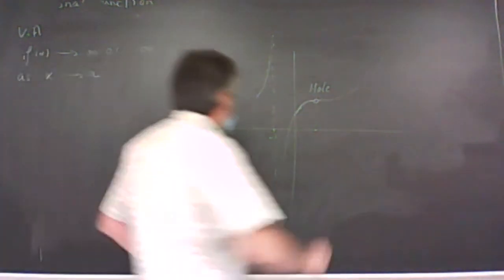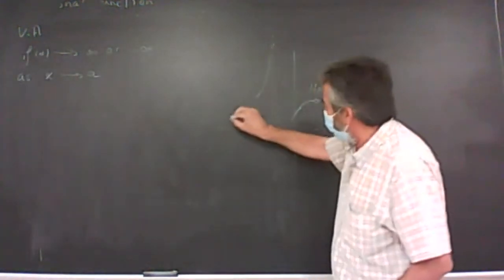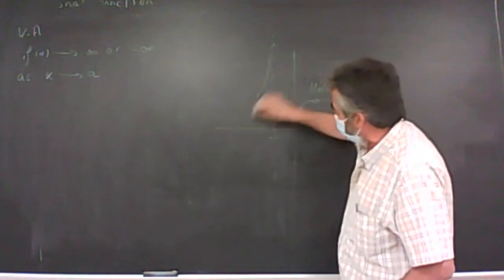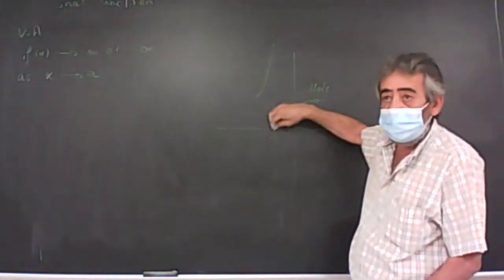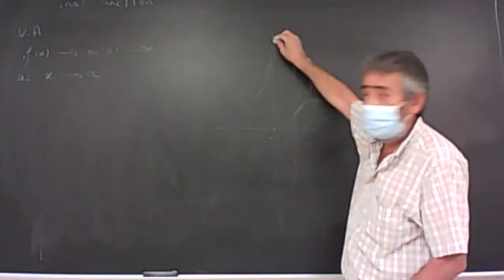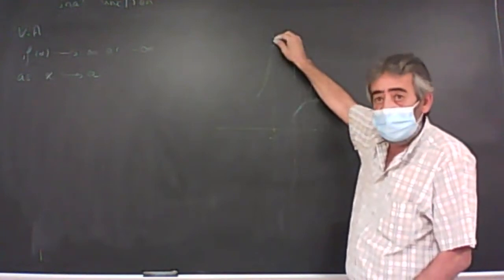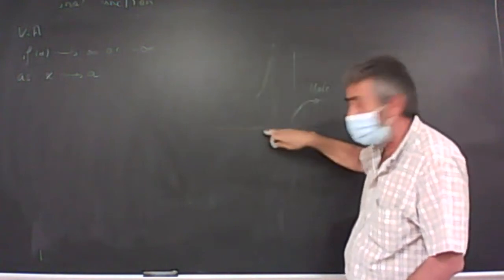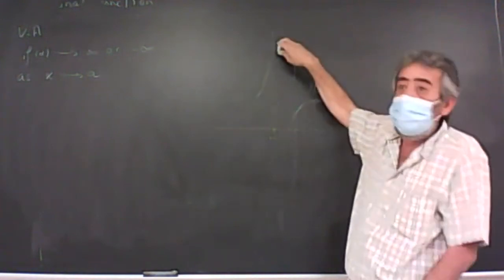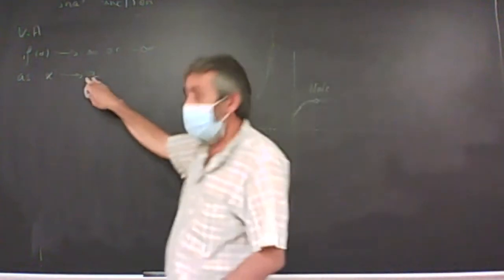Notice what I put over here. We said the graph is approaching, getting closer to -1, but doesn't touch -1. It's getting closer, but is it ever -1? No. That's what this means.